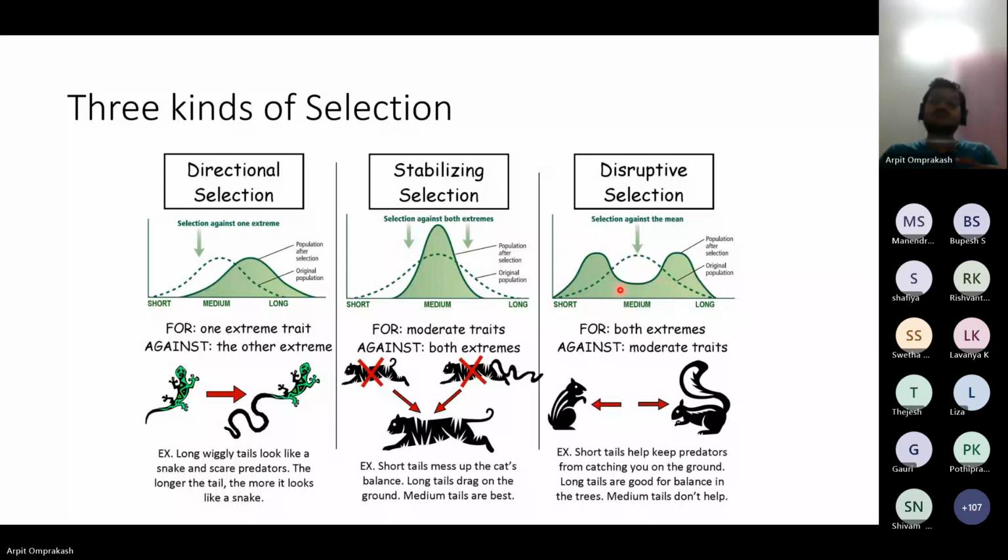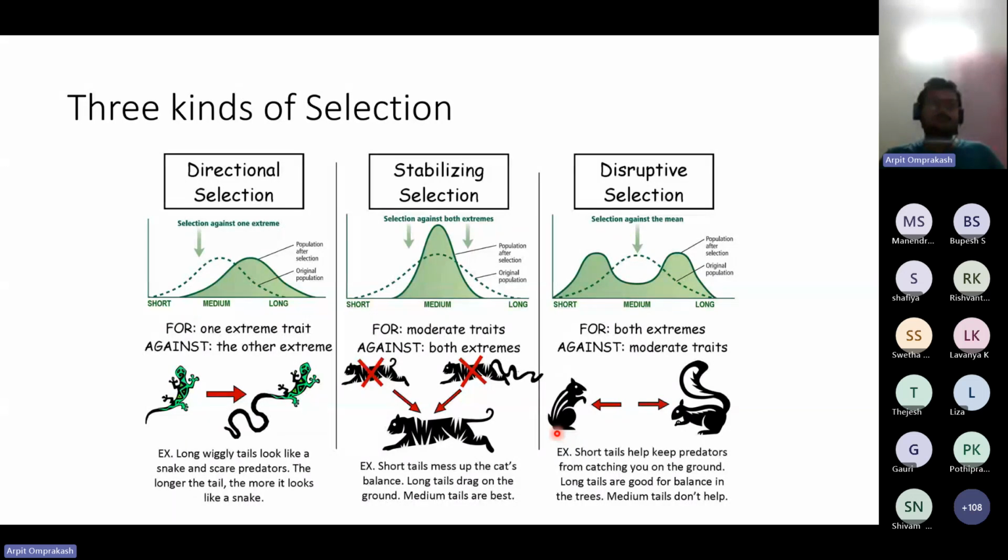So as an example, let's say in squirrels, again for tails, short tails help keep predators from catching the squirrels on the ground, because they have shorter tails, they can run away faster and the predator can't reach them. Long tails are good for balancing in the trees.